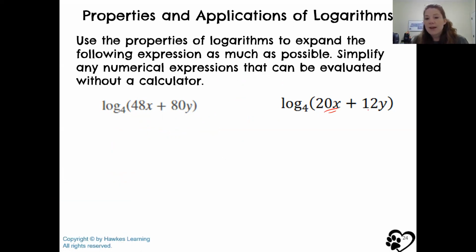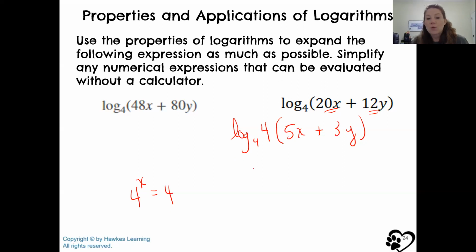First step, find the least common, or excuse me, the greatest common factor of 20 and 12, which is 4. So we're going to do log base 4 of 4 times 20x divided by 4 is 5x, 12y divided by 4 is 3y. And then once again, what is log base 4 of 4? 4 raised to what power equals 4?